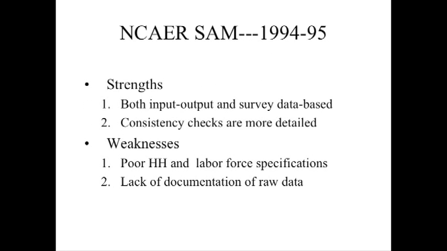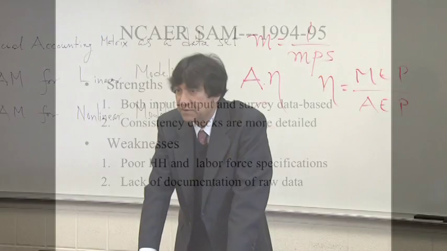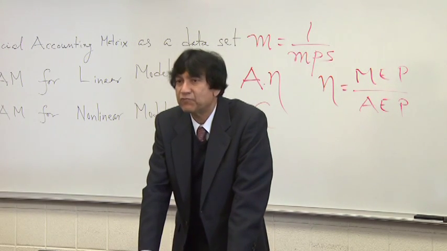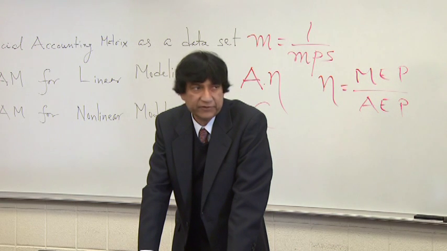The 1994-95 SAM had both strengths and weaknesses. On the strength side, it used both input-output and survey data. And that was a very good thing. The Indian Central Statistical Office has always been much better equipped than most developing countries.